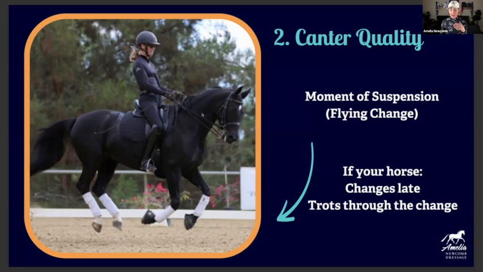Natasha had the best flying changes, and I was actually able to do 2 tempis on a circle into a line of 1 tempis on a straightaway. Part of why Natasha's flying changes were so good was because of her canter quality and because she had such a nice moment of suspension, which allowed for more time for the flying change to happen.